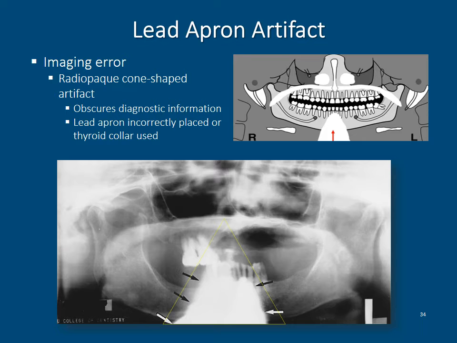So this radiopaque cone shape is an artifact created because a lead collar, a thyroid collar, was used with this type of radiograph. This problem can occur even with a regular lead apron without the thyroid collar.